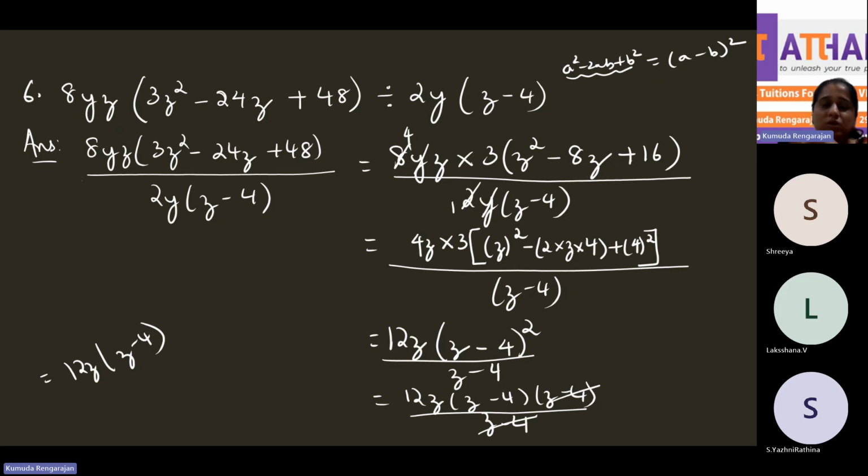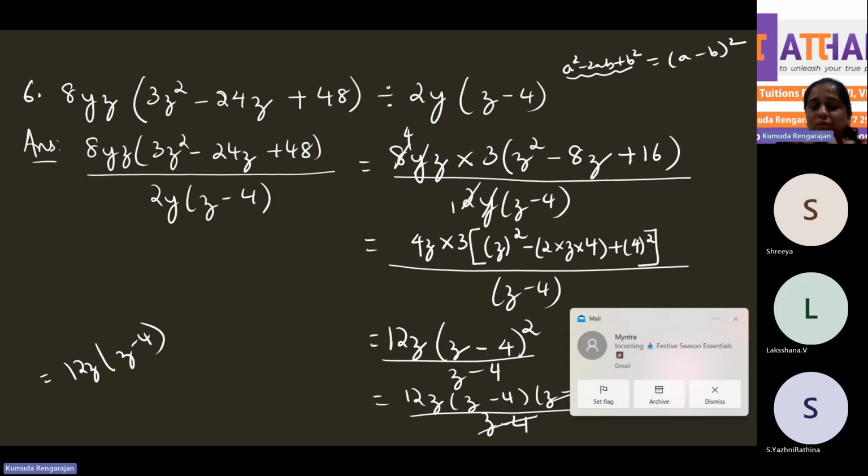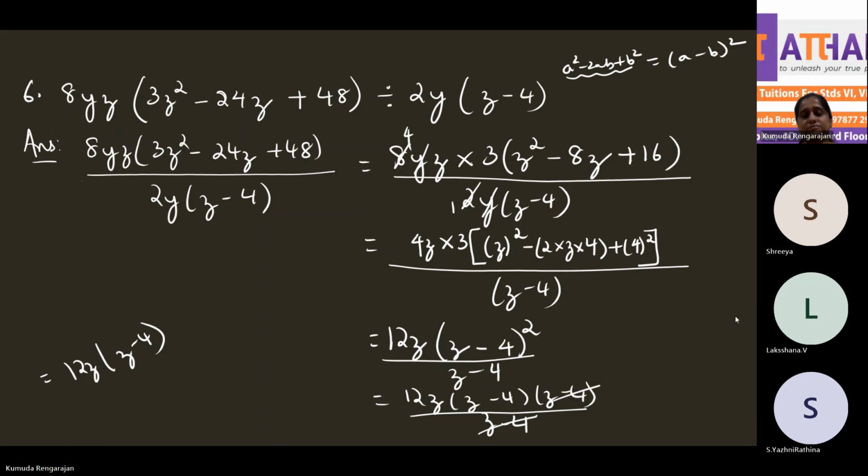If you can use the identity, you should try to use that. It's not wrong, what you've done is not wrong. But when possible, you should identify this one and do it like this.